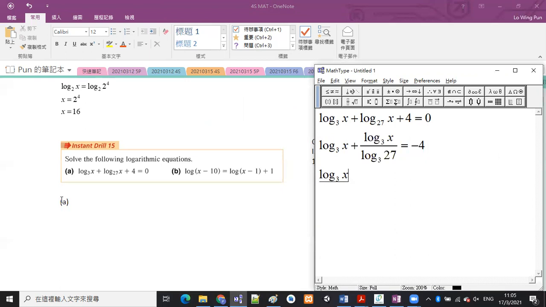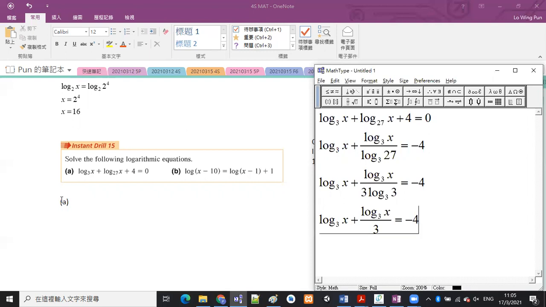Then we know that 27 can be written as 3 to the power 3. So it becomes 3 log 3 base 3. And log 3 base 3 can be changed to 1. So it is just 1 over 3 here. And these two are like terms.